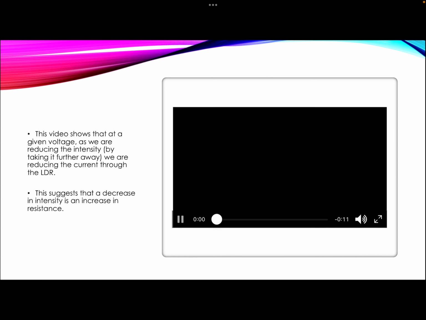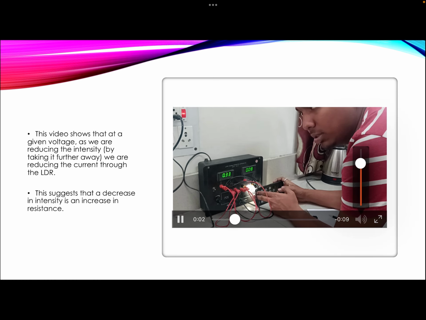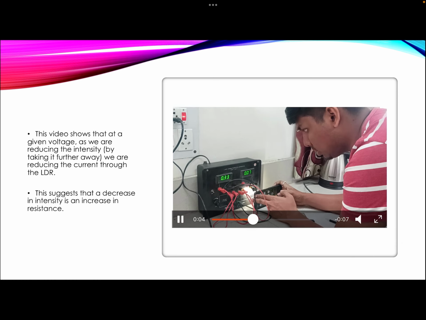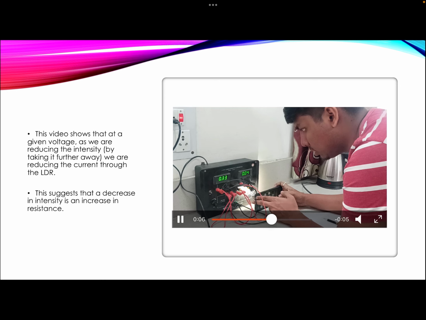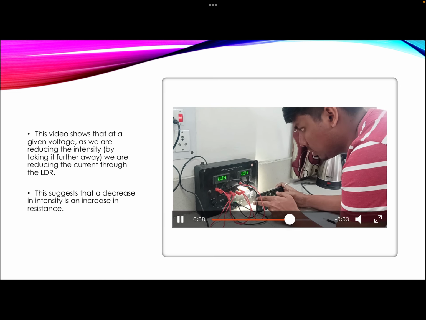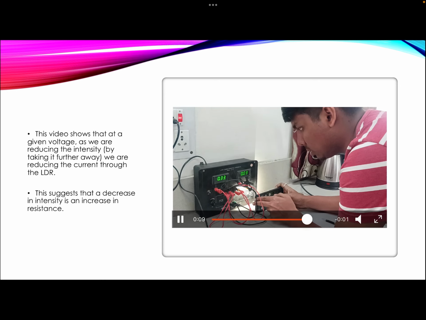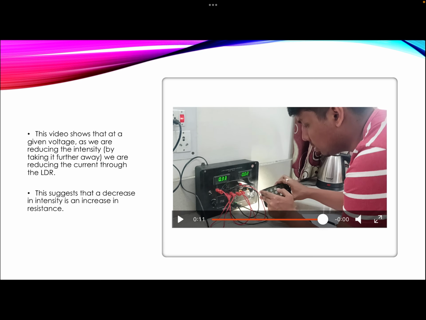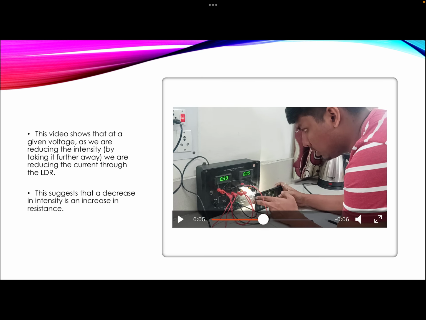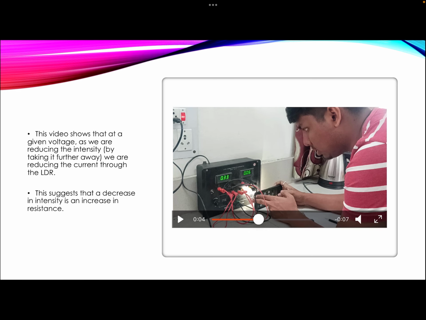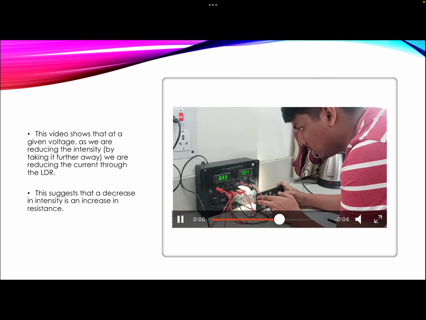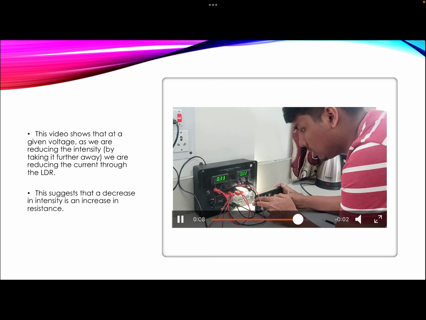In this clip you can see that as I am decreasing the intensity, that is by taking the phone farther away from the LDR, at the given voltage the value of current is decreasing. It has come down from 0.6 to 0.3.